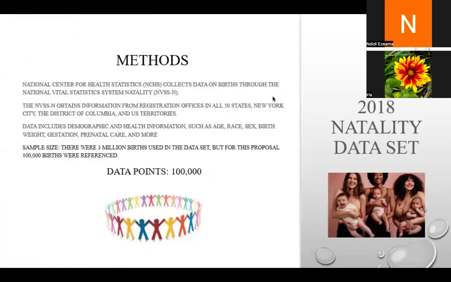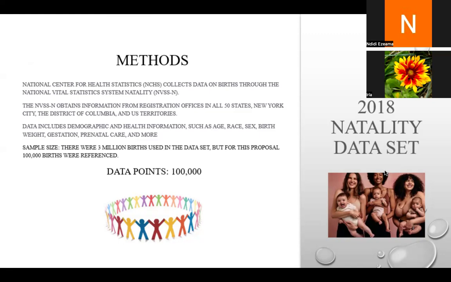Taken from the 2018 natality data set, the methods that we have taken include demographics and health information such as age, race, sex, birth weight, gestation, prenatal care, and more. The National Center for Health Statistics collects data on birth through the National Vital Statistics System natality, which is where this was derived.